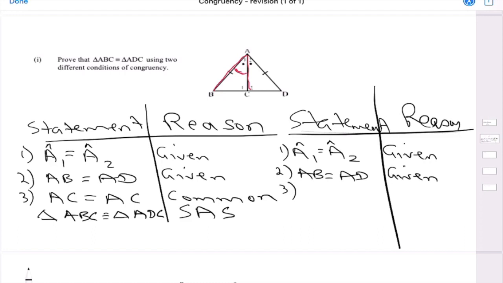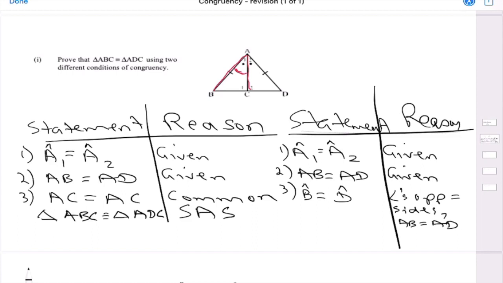Then the third thing is I can use angle B, because angle B there and angle D are equal. You will notice that if ABD is isosceles, then angle B and angle D are equal. So the reason here would be angles opposite equal sides. Then we need to state the sides that are equal. This will be side AB equal to side AD.